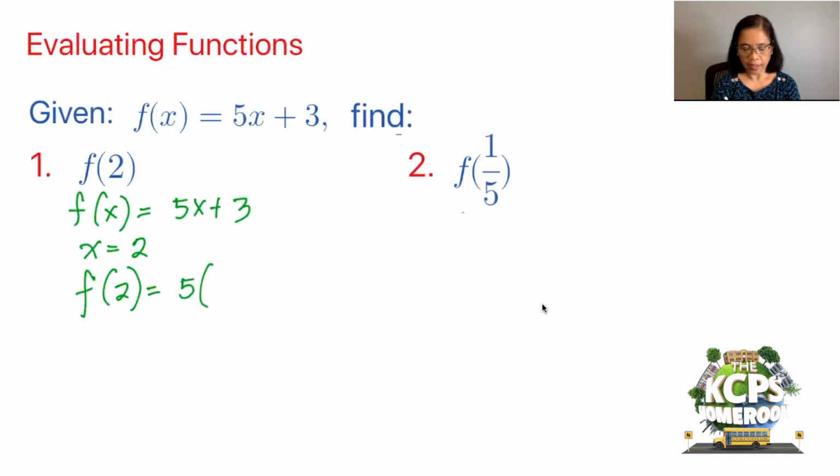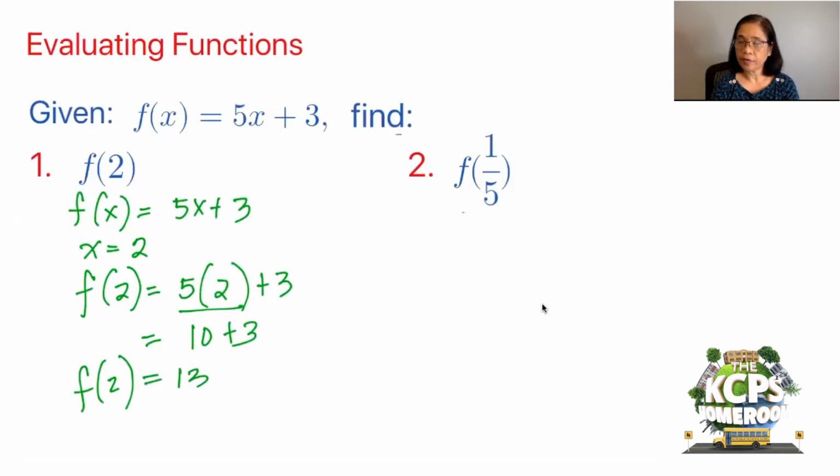Replace x with 2 in the function, then plus 3. So f of 2 is 5 times 2, which is 10, plus 3. Our final answer is 13. So f of 2, or the value of the function when x is 2, is 13.